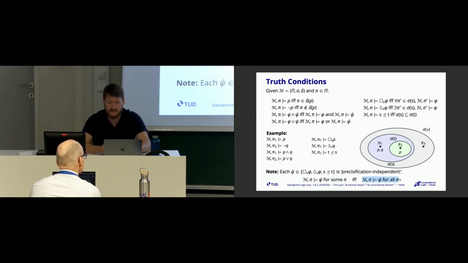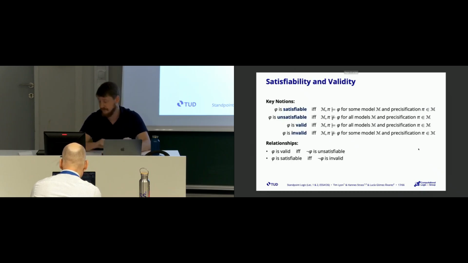They hold globally as well. So what this means is that to check if one of these formulae is true, it's typically enough to just look at the current world or precisification that you're at inside of this model. So satisfaction and global satisfaction coincide for these standpoint expressions.